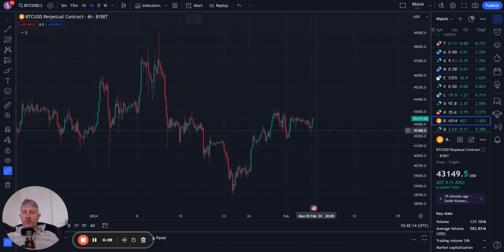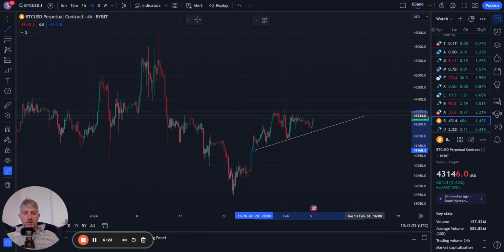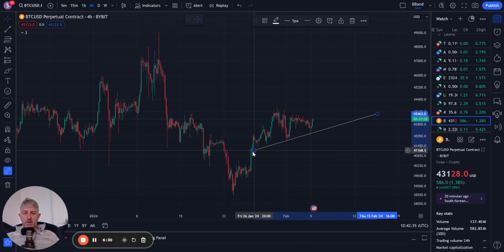having had this most recent wick down with what now looks like a small bounce up, you could argue that this is a sequence of higher lows here. So on the 4-hour, if I draw a line on, see if I can pick that up, being a bit cack-handed with my mouse.